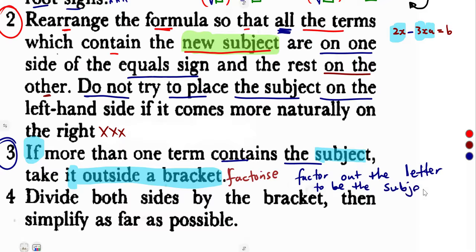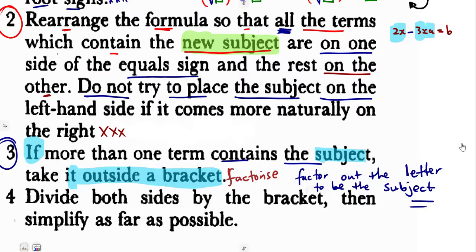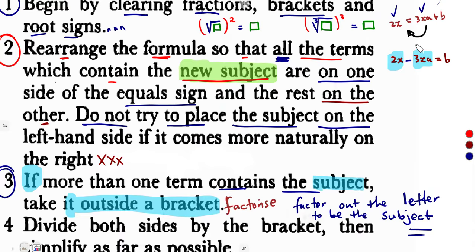Just like that. So you must factor it out. Take it out. X is to be the subject of the formula on this question here. So x on this term, x also on this term, more than one term. So I can factor x out. I must be having x out of the bracket.